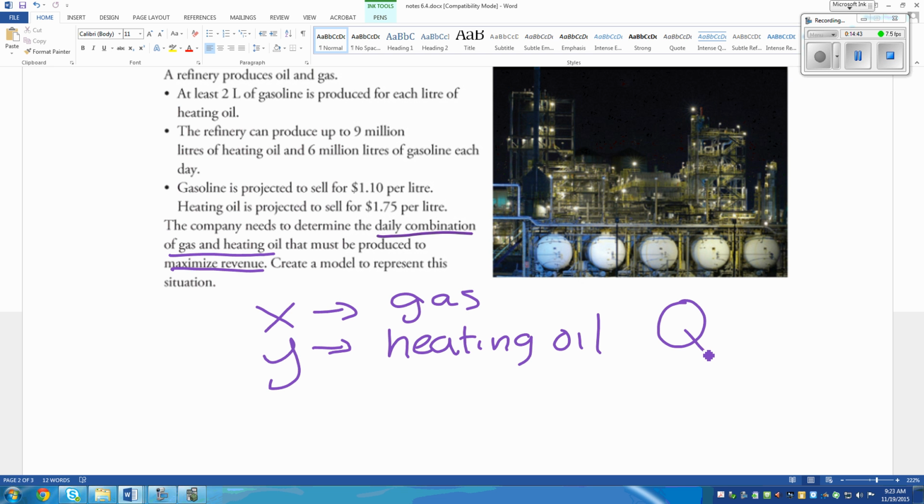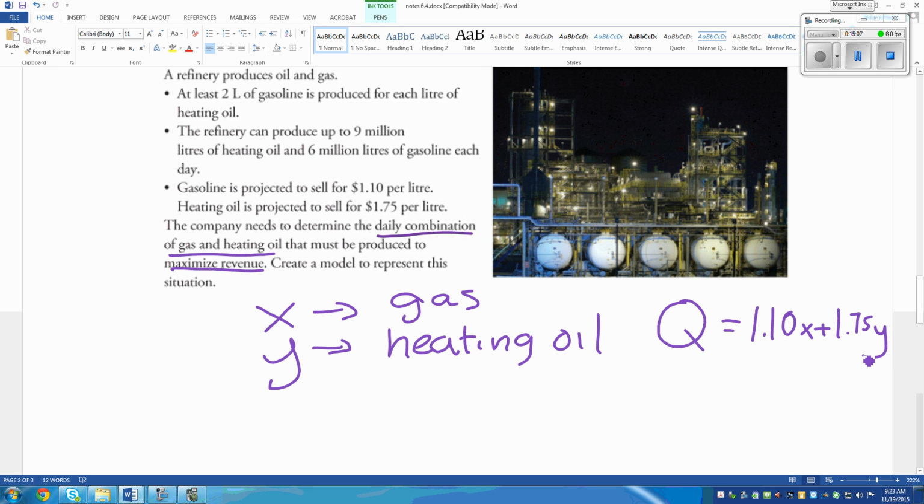How would you figure out their revenue, Matt? Well, they tell you $1.10 per liter, $1.75 per liter. So how would I write this? 1.10x plus 1.75y.